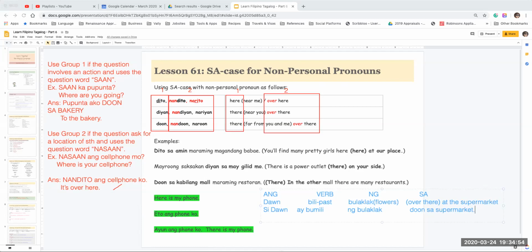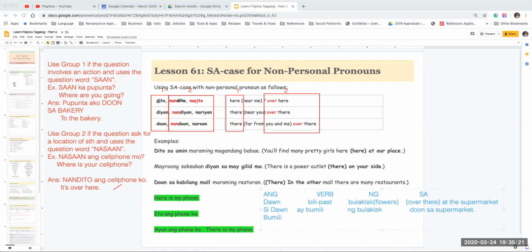Okay, good. Can you tell me quickly, what is the PS reverse for this? Bumili ng bulaklak doon sa supermarket.